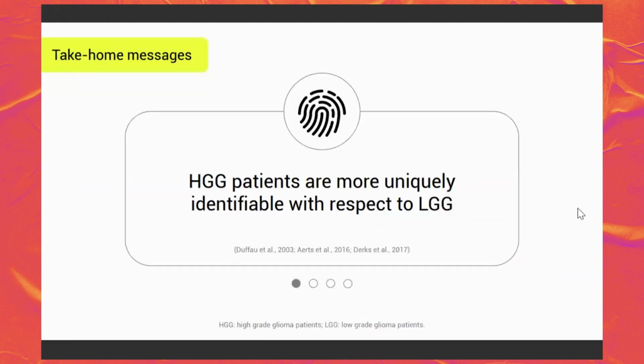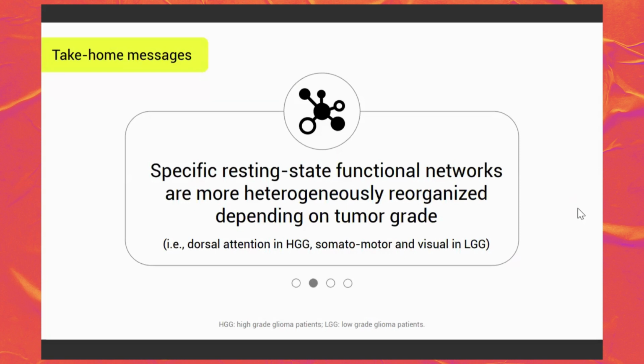So, in conclusion, we found that high-grade patients were more uniquely identifiable with respect to low-grade, probably because of faster and more aggressive tumor growth, and that specific resting state functional networks were more heterogeneously organized depending on the tumor grade.